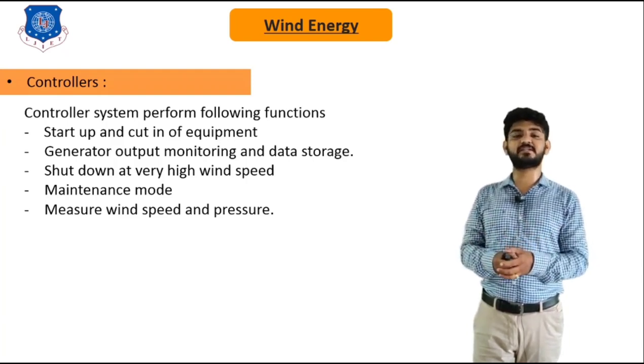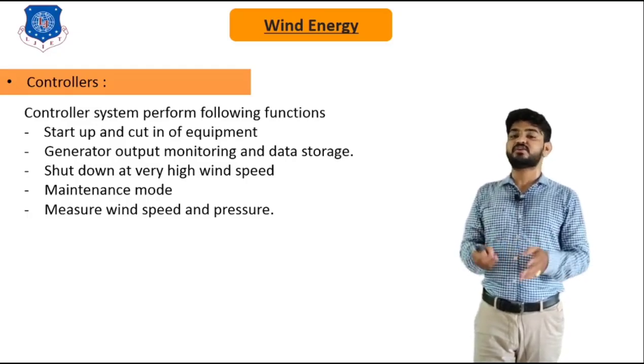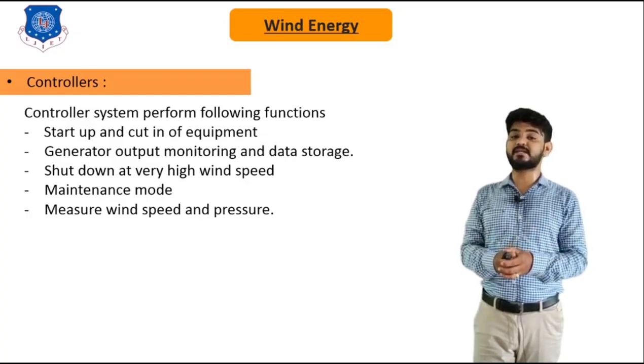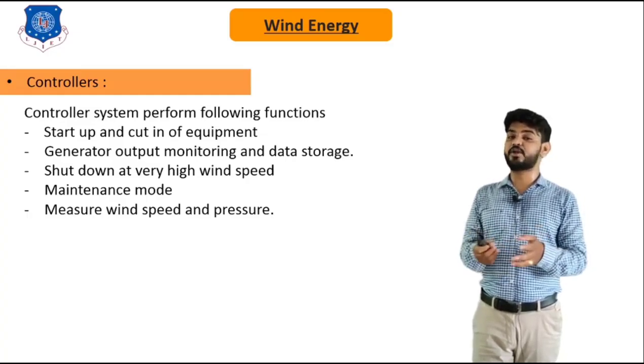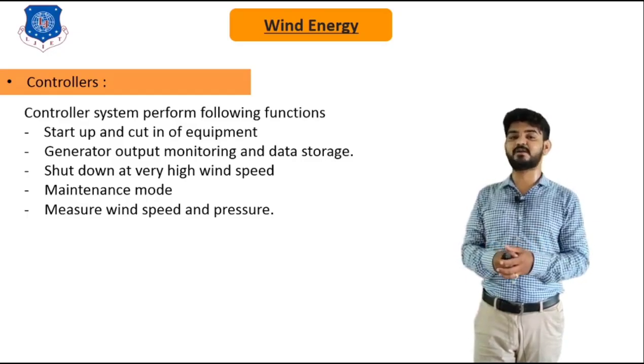Next thing that the controller performs is the monitoring of generator output and storage of this data. The controller always monitors the electric current produced by the generator. Then the controller performs shutdown at very high speed.